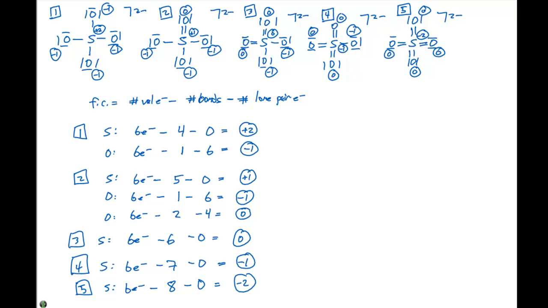We also know that there should be as minimal charge separation as we can, and the negative formal charge should be on the most electronegative atom. So 4 and 5 we can eliminate based on the formal charges not being on the most electronegative atom, because oxygen's more electronegative than sulfur, so therefore it should carry the negative formal charge. So we're going to eliminate 4 and 5 based on that.